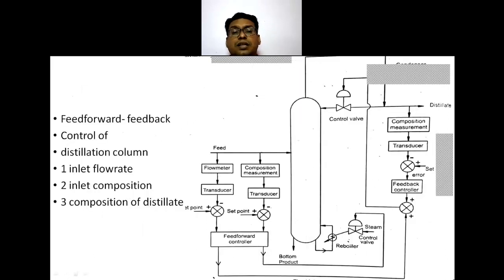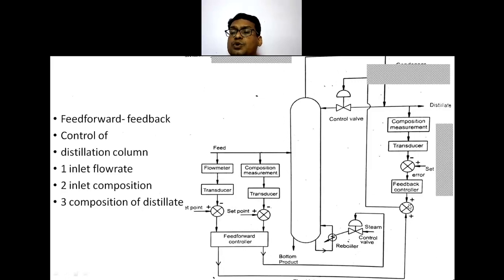Then this is a distillation column, in which the control of a distillation column is for the feed forward and feedback control system. So in case of a feedback control system, your composition at the distillate is measured, a transducer is required, then comparator and feedback control system, and that goes to a comparator.